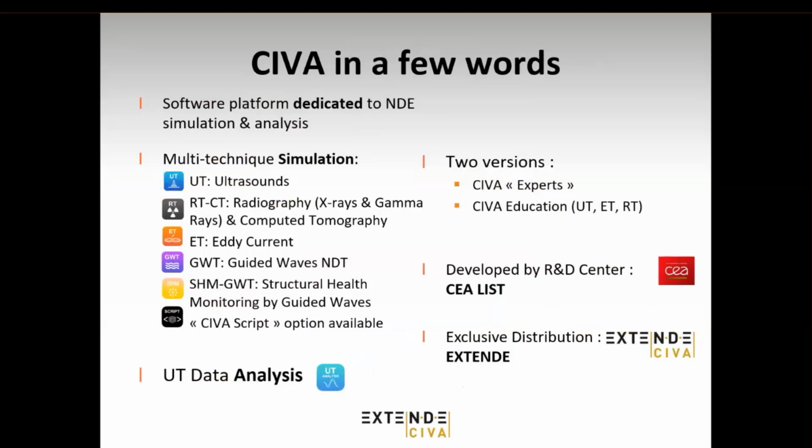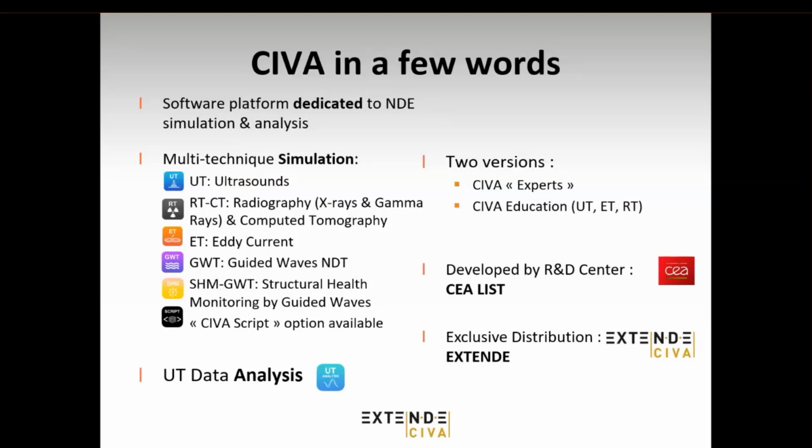CIVA also already includes guided waves for NDT applications. The SHM module has just been released within CIVA 2020. It's an SHM based on guided waves, so it's not all SHM applications, but based on guided waves, and this will be the topic of this webinar.